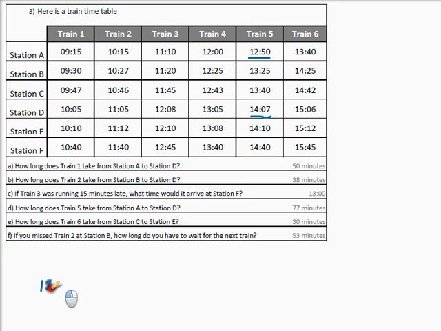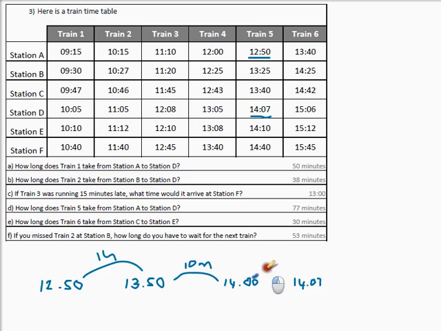Let's work that out quickly. 12:50, and then we can go to 13:50, and then we can probably go to the next full hour and then 14:07, if that's easier. That is 1 hour, and that is 10 minutes, and that is 7 minutes. So in other words, it is 17 minutes.